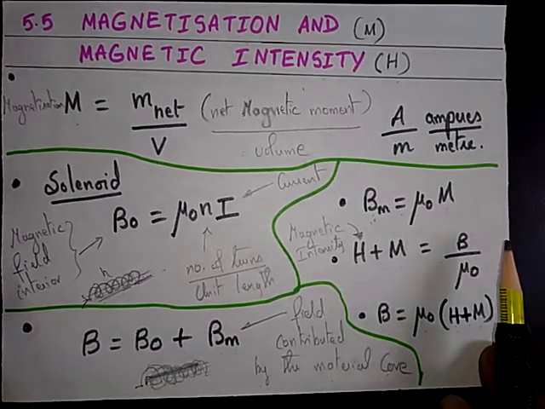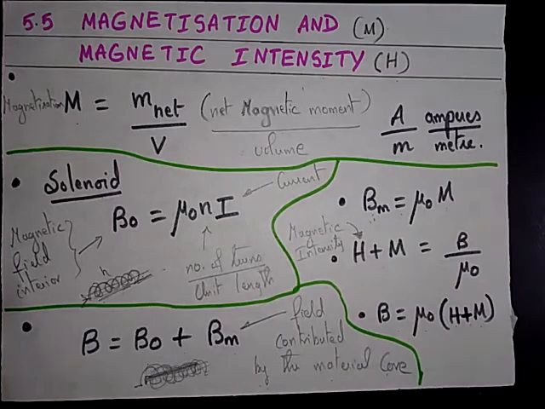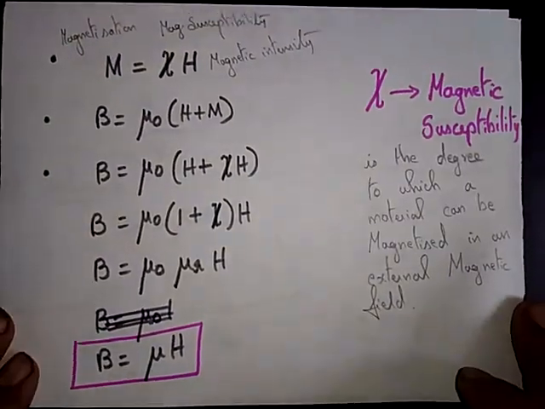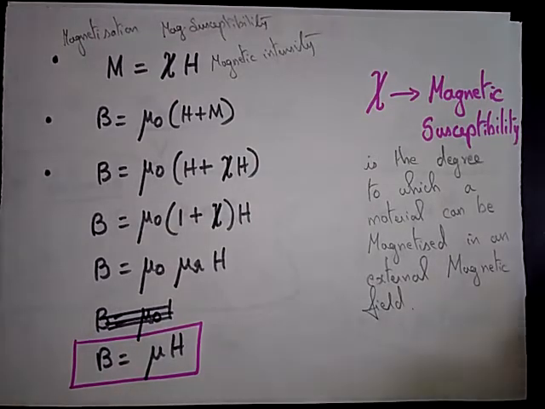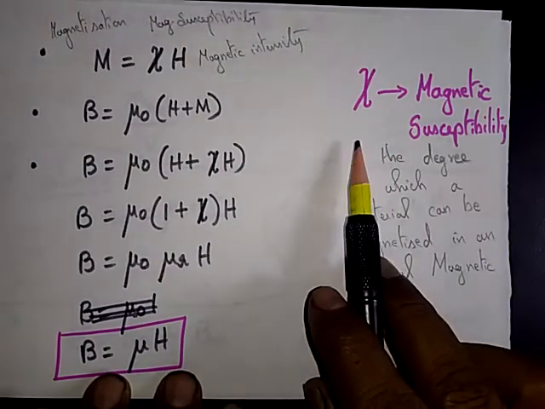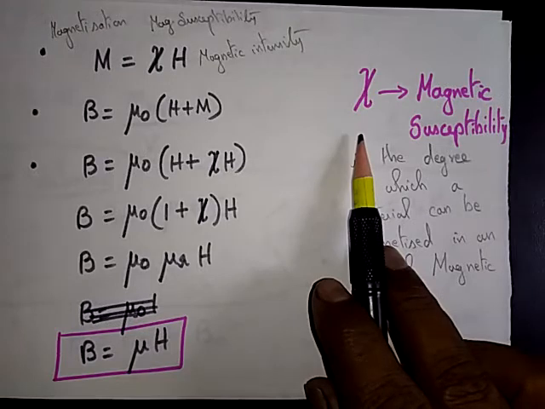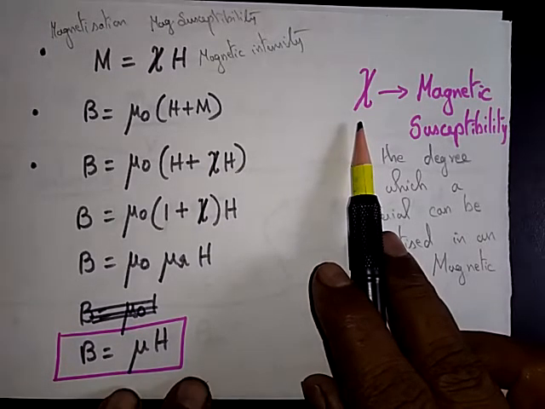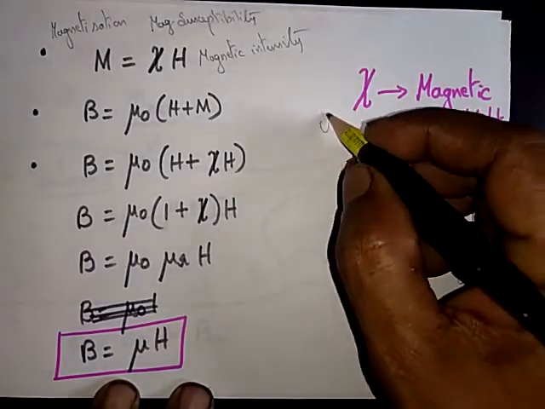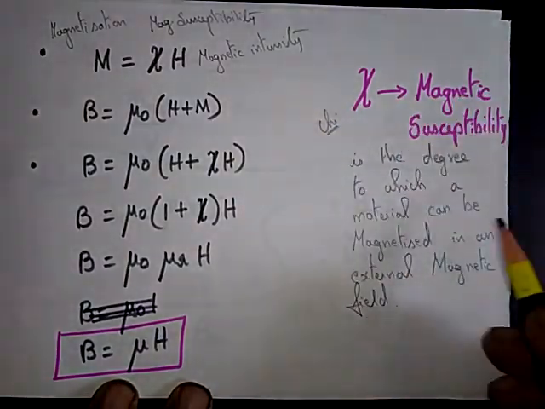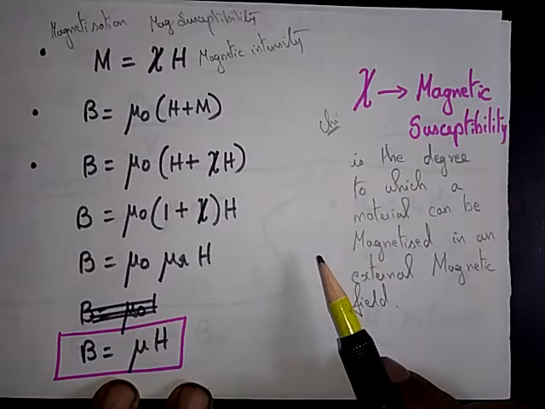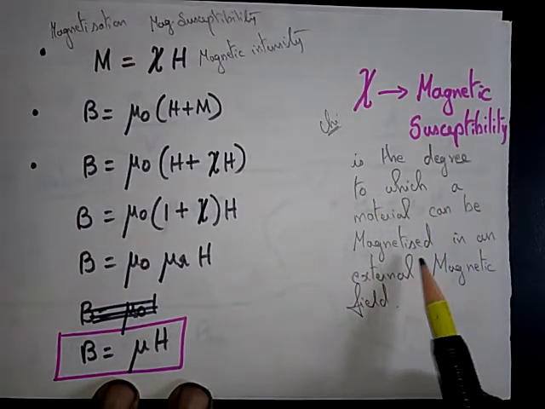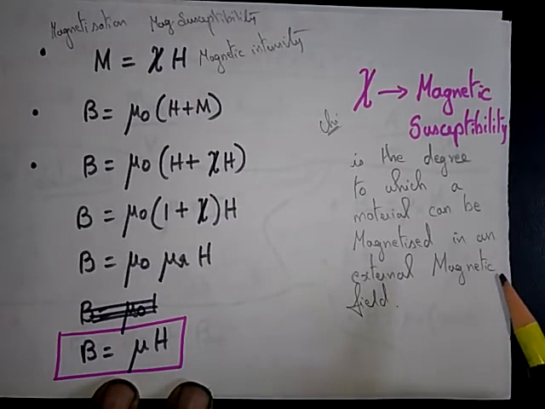Okay. Having said that, we have a new parameter called magnetic susceptibility, which is represented by chi. This symbol is a Greek alphabet and pronounced as chi, C-H-I. So what is this? This is magnetic susceptibility. How to define that? It is the degree to which a material can be magnetized in an external magnetic field.